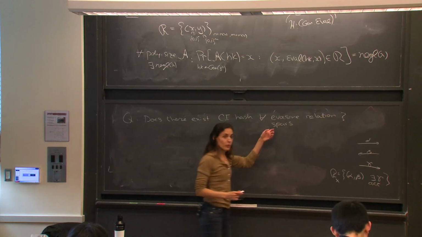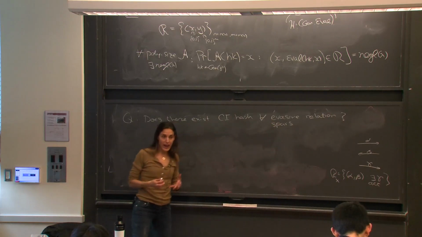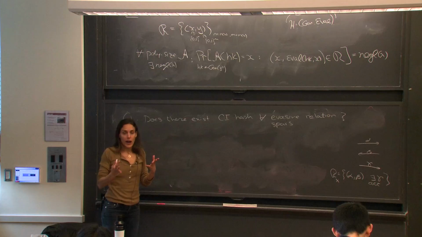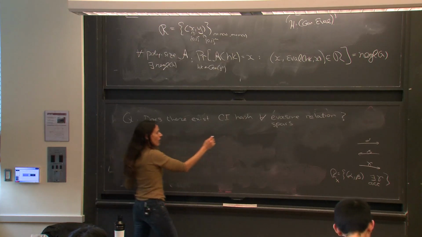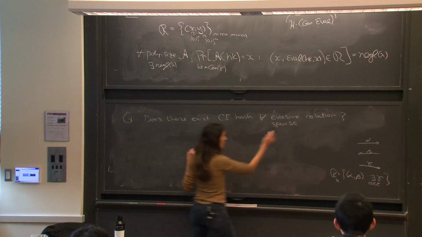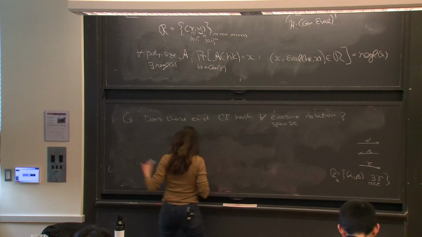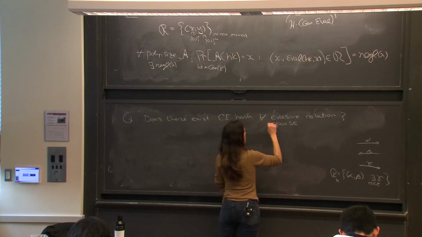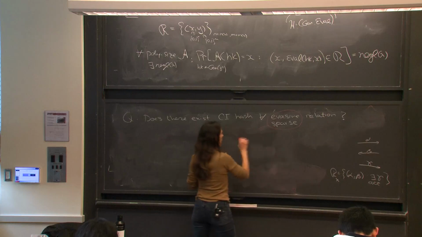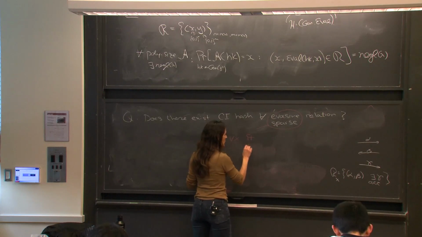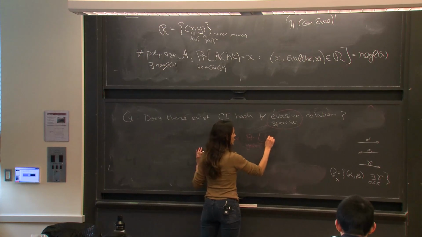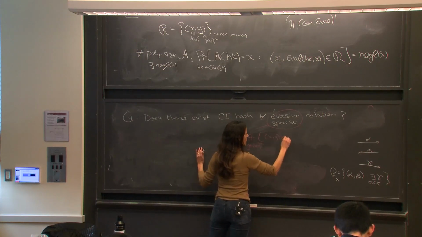And by evasive or sparse, I just mean that for every x, there are very few y's that are in the relation. So sparse means that for every x, the probability over a random y that (x, y) is in R is negligible.